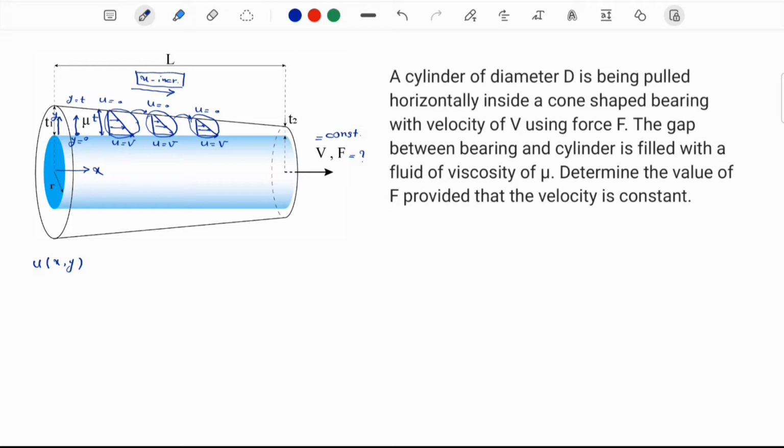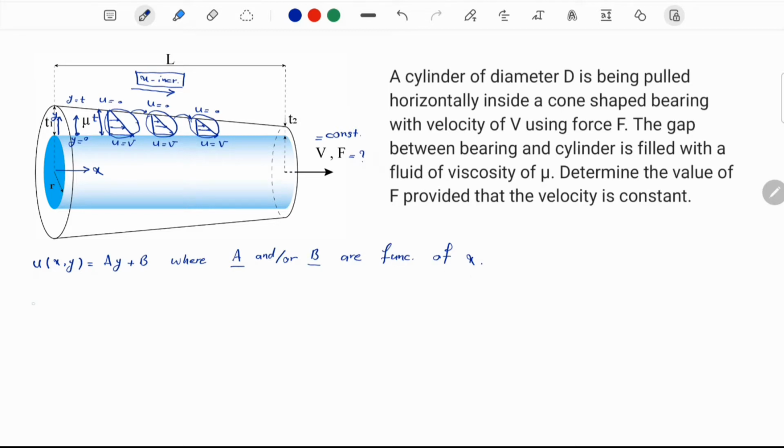We know the velocity profile in the y direction is linear, so it should be in this form: a multiplied by y plus b, where a or b or both of them are functions of x.